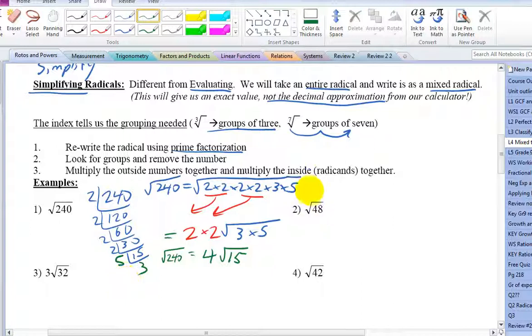Okay, try the next one. 248. Sorry, not 248. 48. I want you to do that right now. See what you can do. Go.